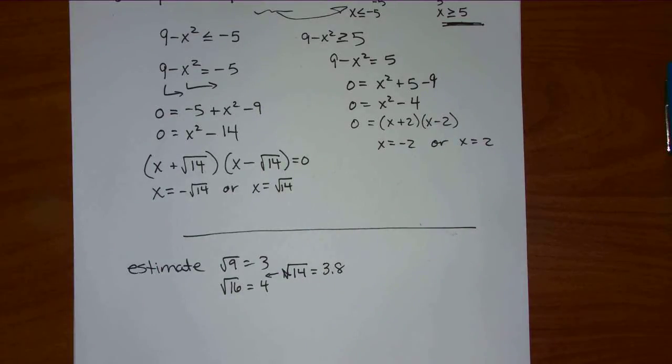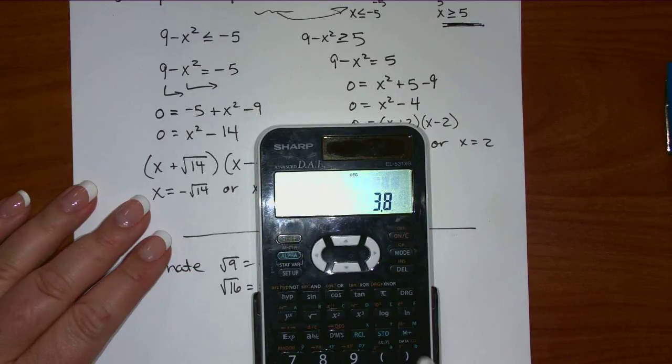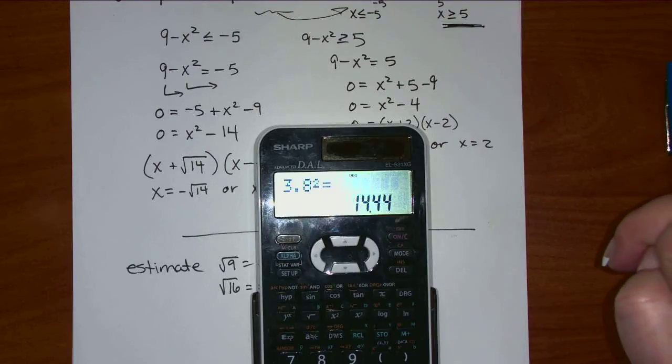It doesn't matter. But if you wanted to actually check this, you could multiply 3.8 times 3.8 and see if you get 14. You could do it out long, but we're just going to... So I get 14.4. What would that mean if I was trying to be more accurate? Go a little smaller.